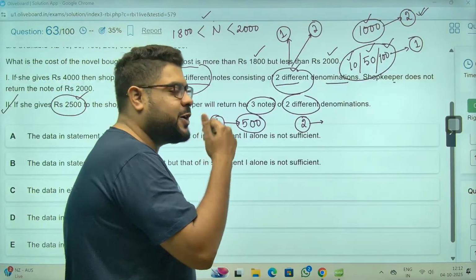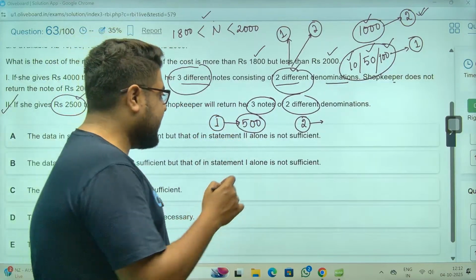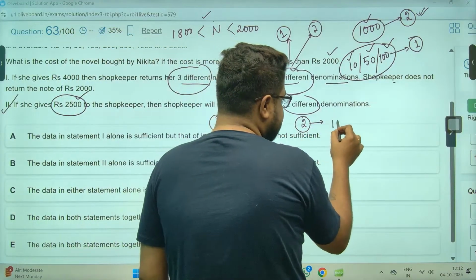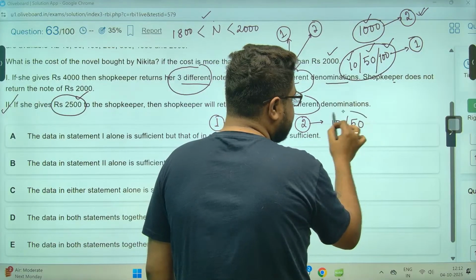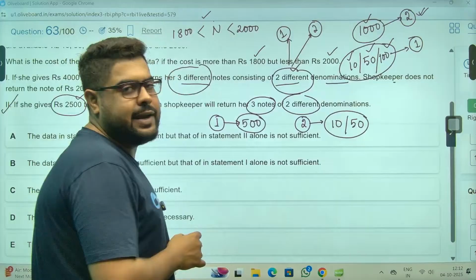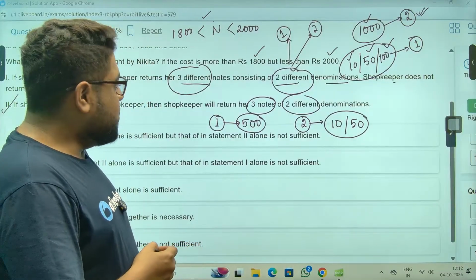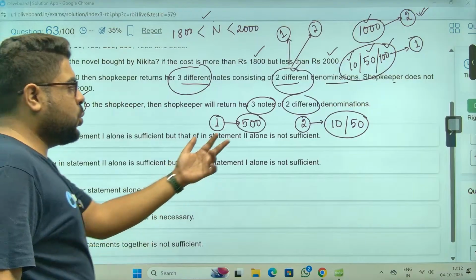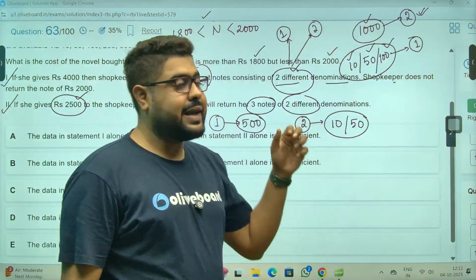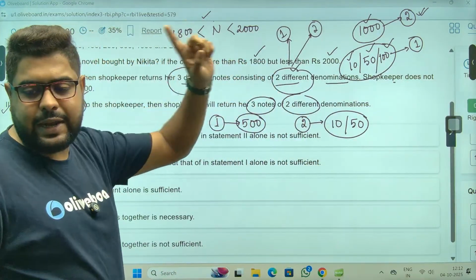So these notes can be 10 rupees, or 50 rupees as well. Nothing more. 100 rupees will violate. So again, statement 2 alone is also not sufficient. I'm getting two different possibilities. But again, if we combine, will I get to one answer?